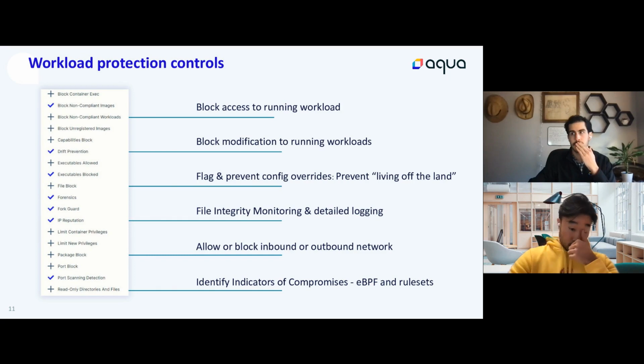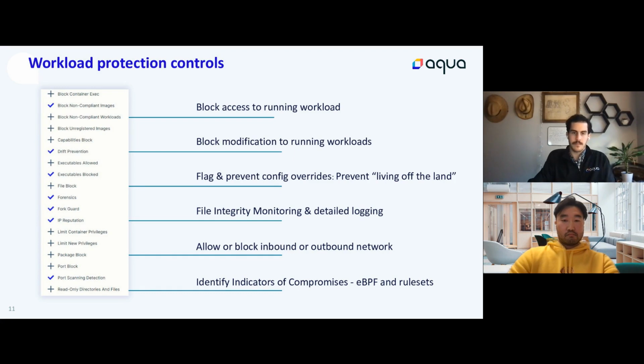Allow or block inbound or outbound networks. Again, it's kind of important to reducing the blast radius. And then, a kind of emerging area that we're seeing is the use of eBPF to identify indicators of compromise.